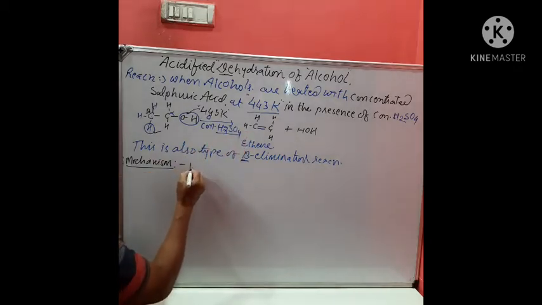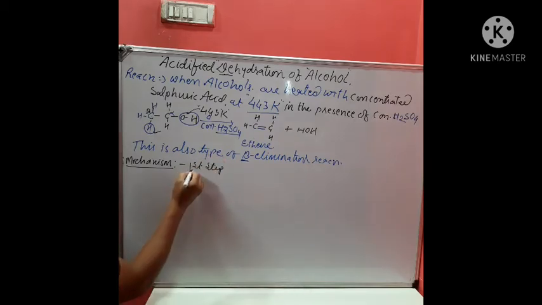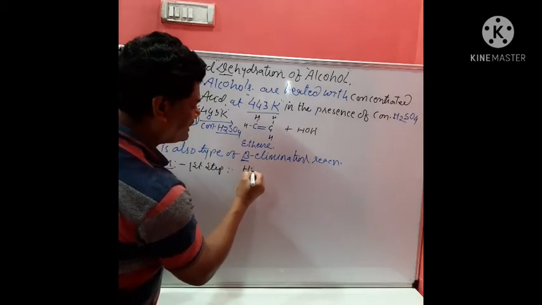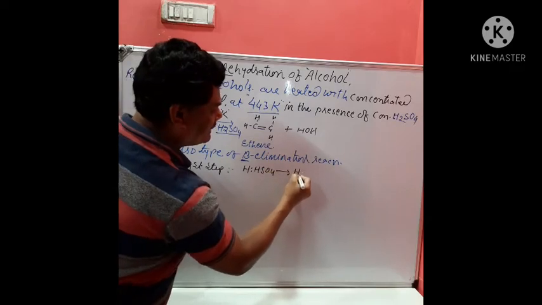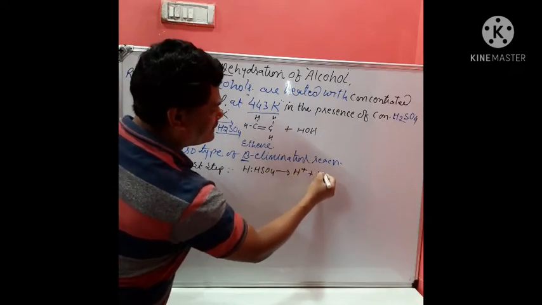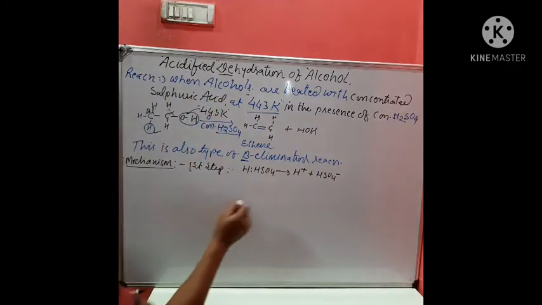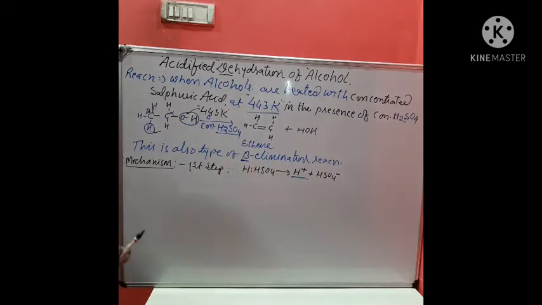So first step: concentrated H2SO4 ionizes as H cation plus HSO4 anion. It is the characteristic of an acid that it gives hydrogen cation. Now it participates in the reaction.